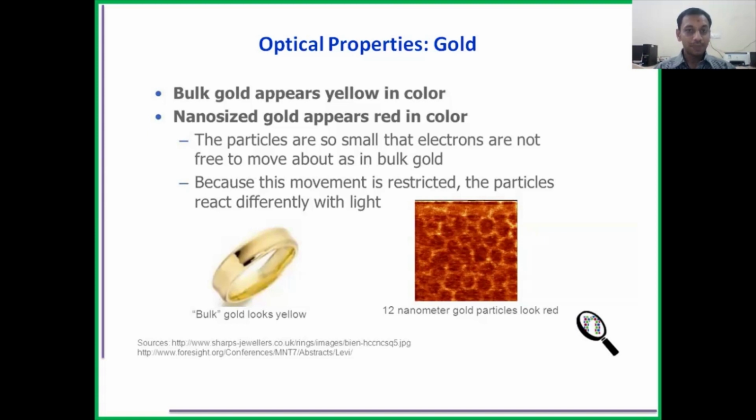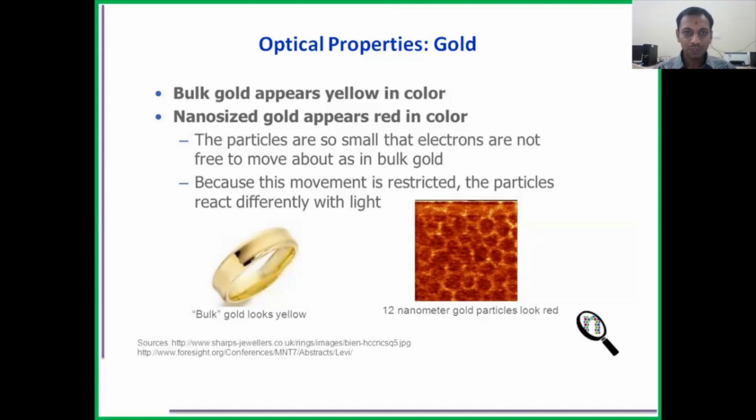Bulk gold appears yellow in color, everyone knows, golden color. But if you convert this bulk gold to nano size gold, then it appears red in color. The particles of nano size gold are so small that the electrons are not free to move about as in the bulk gold.